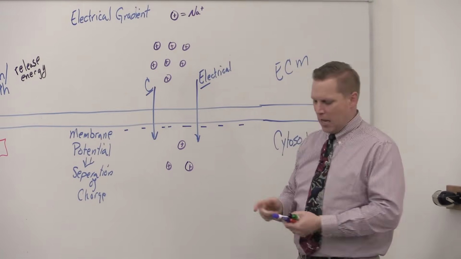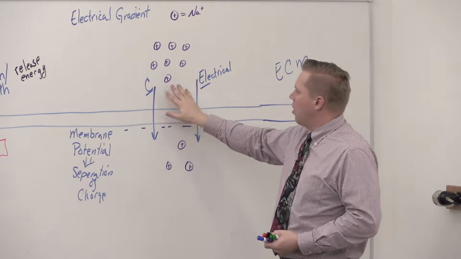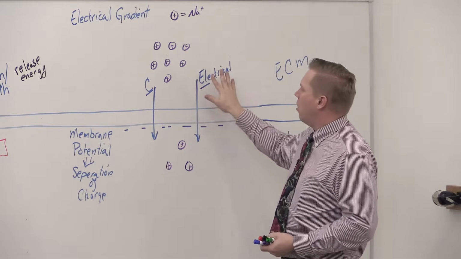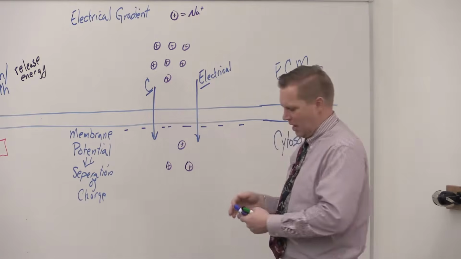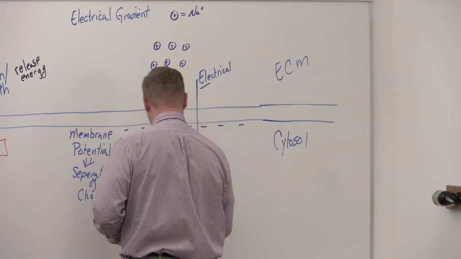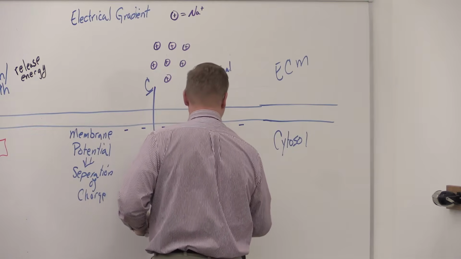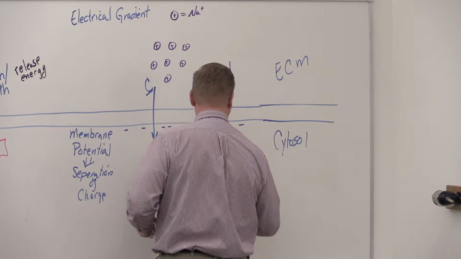So a positive charge on the outside of the cell has an extra draw force pulling it inside the cell. Now, in this case, these two forces, we call them together the electrical or electrochemical gradient. And let's write that word down. Electrochemical gradient.